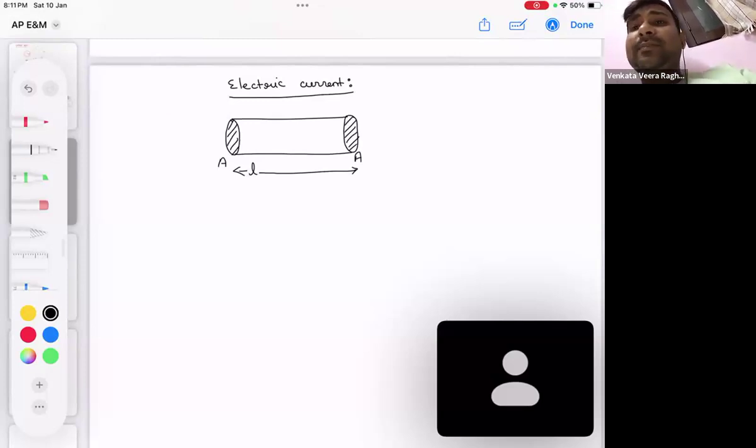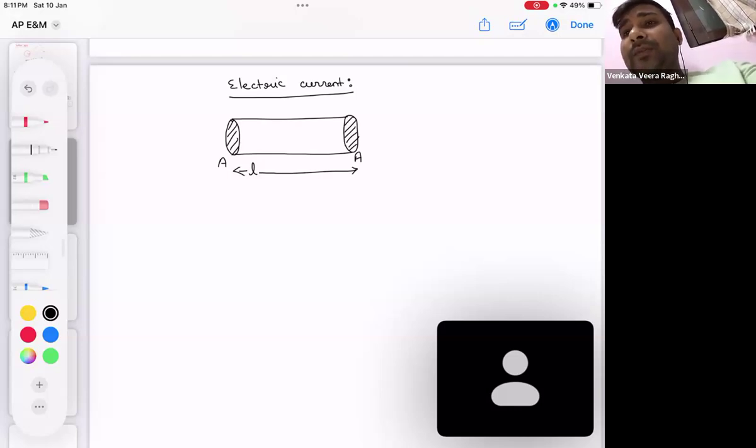The battery, isn't it? So in the absence of external field, how will the electrons be moving? Electrons will be moving in random directions, isn't it?